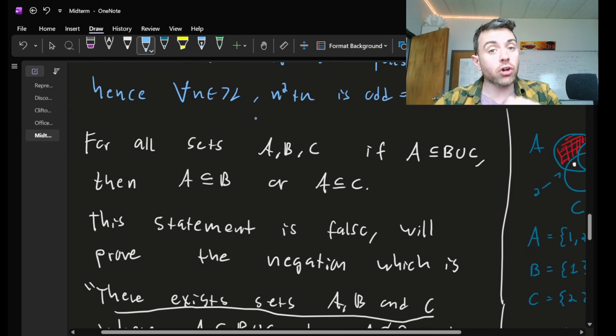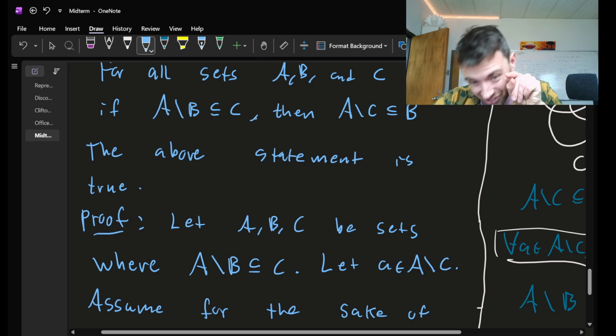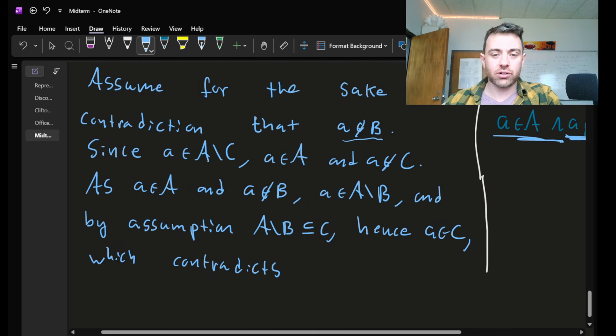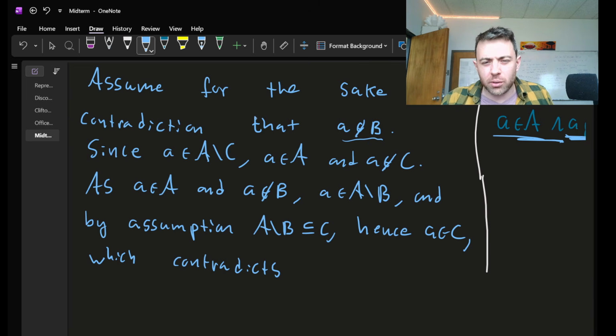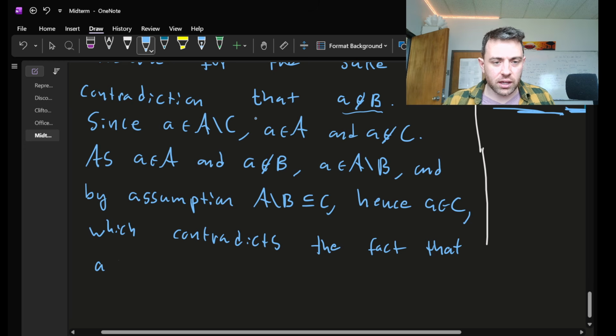In this case, we're not contradicting an assumption, actually. We're contradicting a fact that we derived, right? So we're contradicting the fact that A is not in C. Technically it's an assumption because we assumed that A is in A minus C, but technically this is a fact we derived. So, which contradicts the fact that A is not in C. Hence, where did we go wrong?